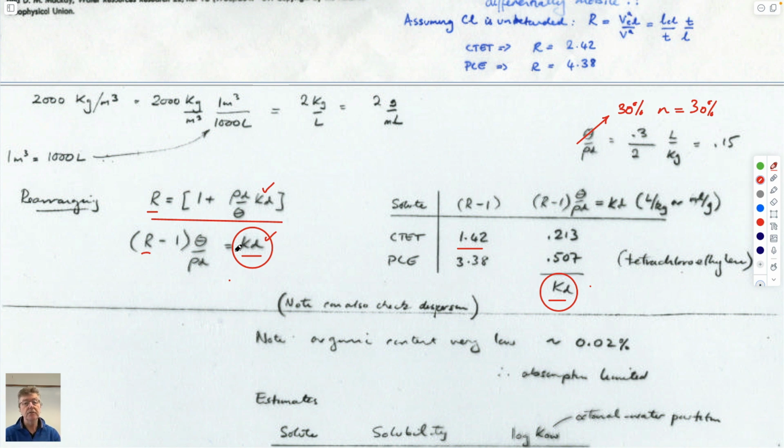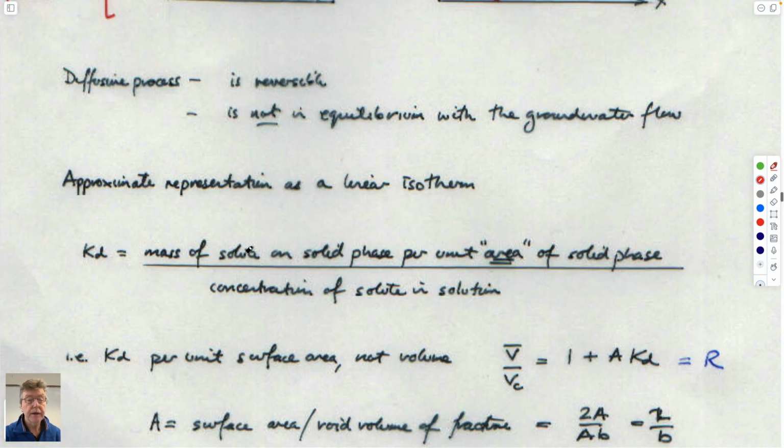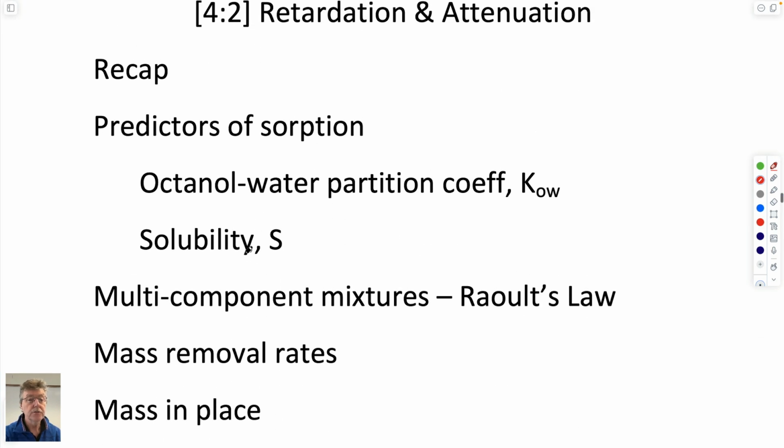The easiest way to do it is just by looking at the amount of organic carbon in the aquifer. And we'll talk about that next time. Ways of being able to do this, either based on the octanol water partition coefficient, or it also scales with the solubility of that particular compound in water as well. So we'll talk about that next time.